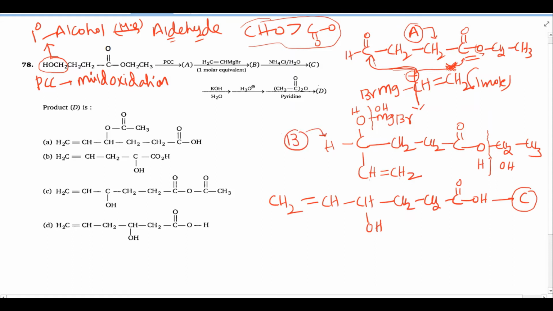After that, C is converted to D. For C to D, KOH and water are there, and then acetic anhydride, Ac2O.